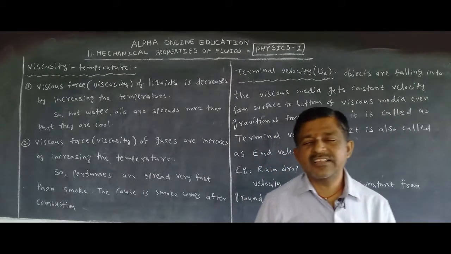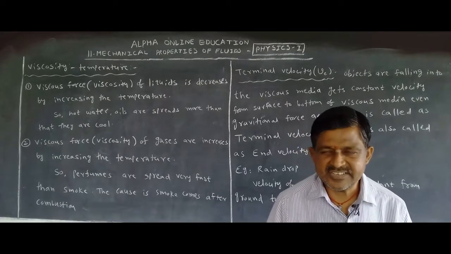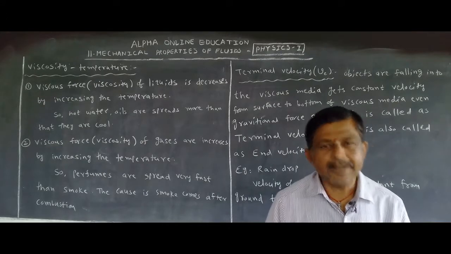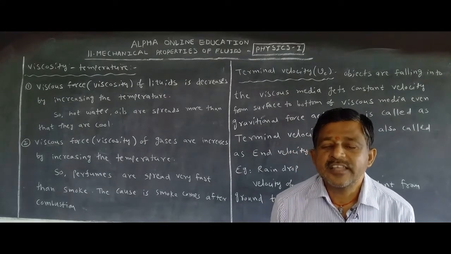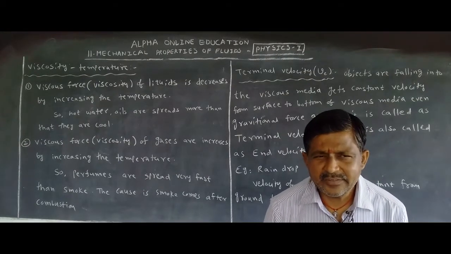The terminal velocity is measured in the laboratory by using one law. That law was explained by the scientist Stokes. That is called Stokes' law. Stokes' law is used to identify the terminal velocity. It is also called end velocity. What is the terminal velocity?